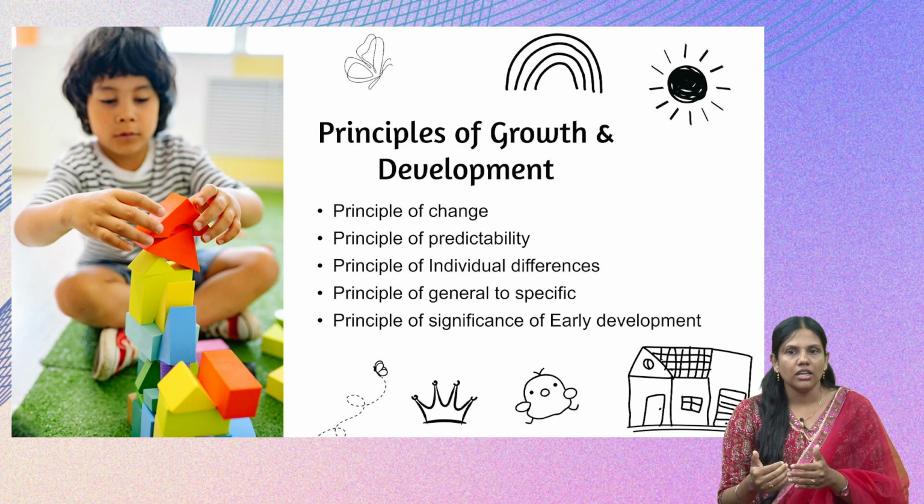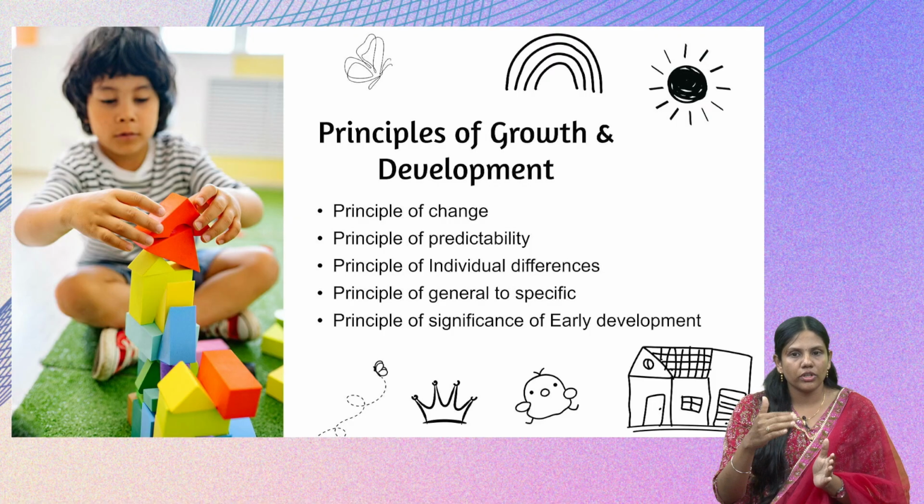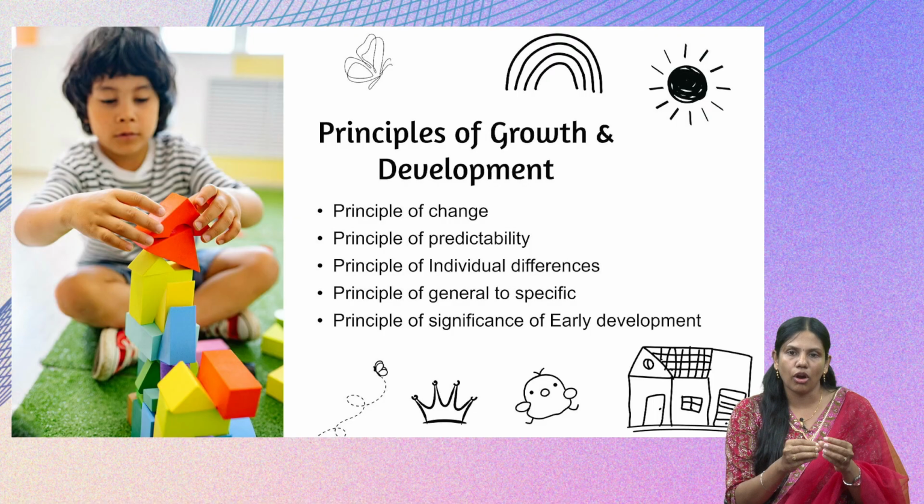Now let us see what are the principles of growth and development. This is the most important concept, the principles of growth and development. So the first principle is the principle of change. Simply, change means continuously changing. For example, the child's thoughts when the child was 3 years old will not be the same when the child is 20 years old.